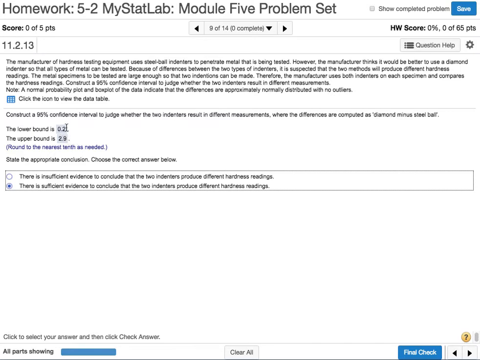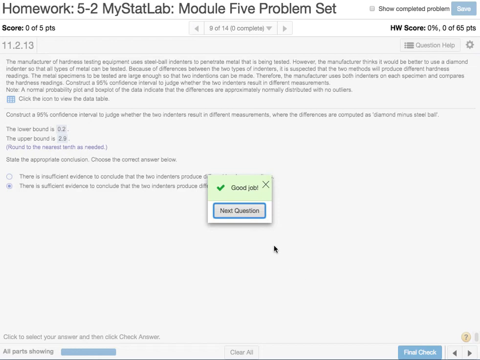If 0 was within it, then it would be more likely that there was no difference, or insufficient evidence that the two were different. So let's go ahead and check that and see what we come up with. Yep, so that looks good.